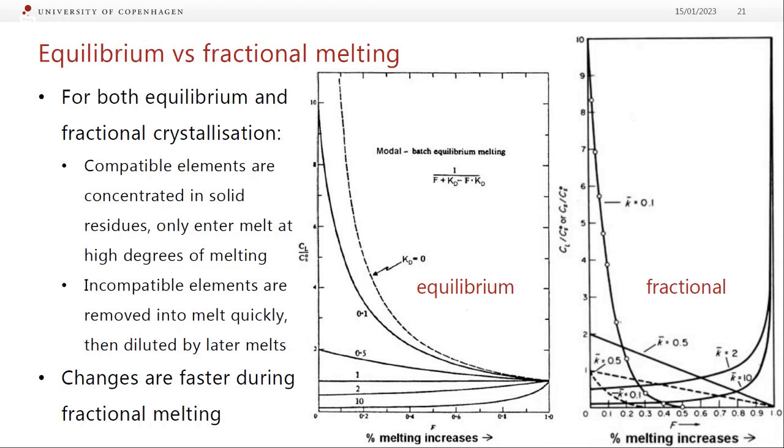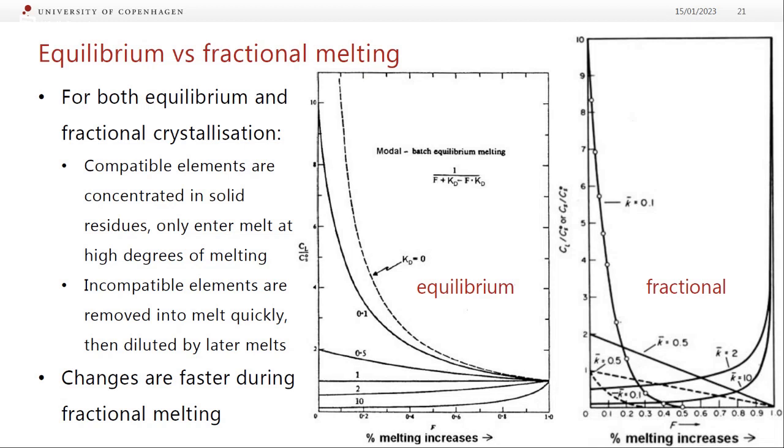We start off with very high concentrations in the very first melts to form, and then those drop as the melting progresses. Something you'll notice here is that in the fractional, again, the changes are more rapid and they're more extreme. So we'll eventually just completely deplete the incompatible elements from the residue. So for example here, past about 50% melting, if an element has a bulk partition coefficient of 0.1, there's nothing left.